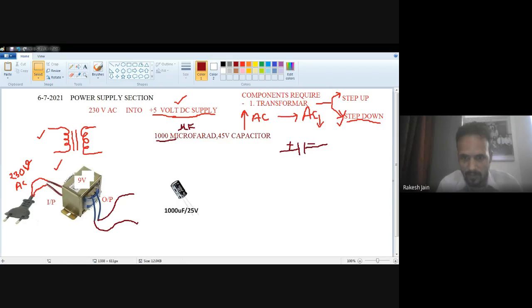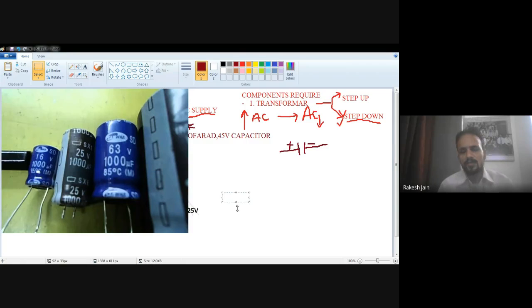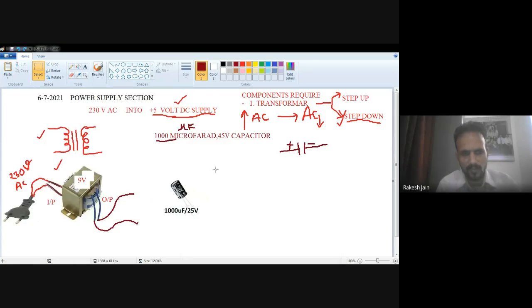Okay, I just found one more image. See this one. On this image, it is written 63 volt 1000 microfarad. So we have to connect the capacitor over here.